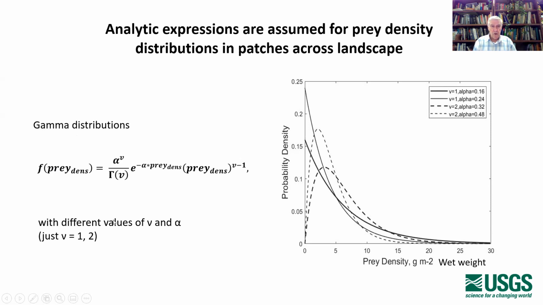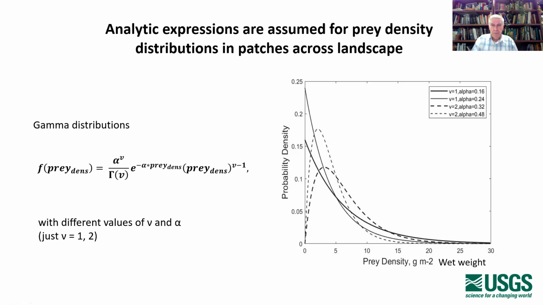We'll just use gamma distributions with values of nu equals 1 or 2 and a variety of values of alpha. So we can get curves that are either exponentially decreasing curves or unimodal curves, depending on what nu is.